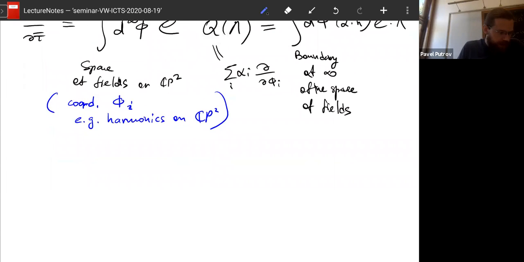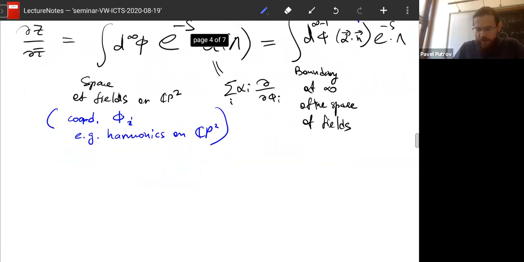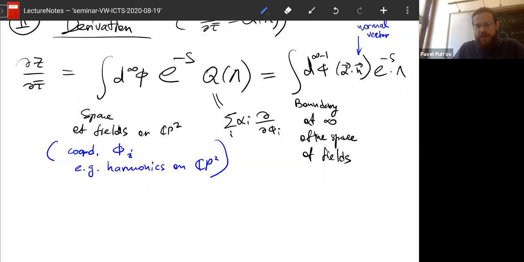In principle, this looks a bit too complicated. There are infinite dimensional spaces, and it's not clear how to deal with this. We still have infinite dimensional integrals, although we reduce it to a boundary.